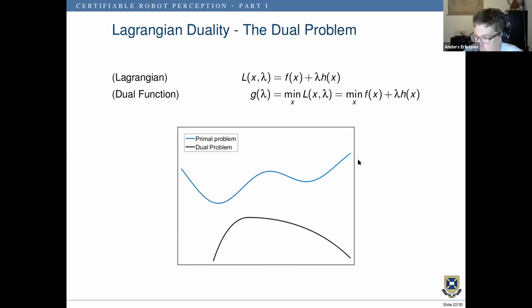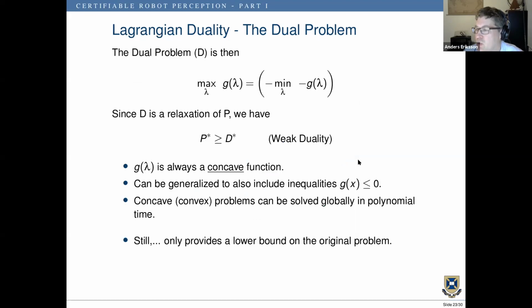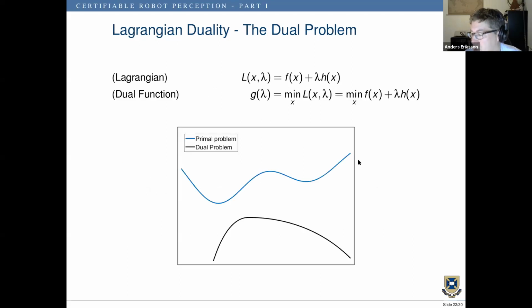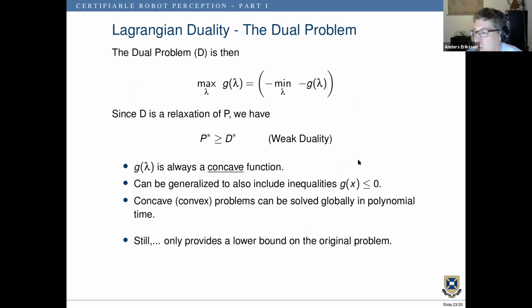And this is then what is called the dual problem: to maximize the dual function, to maximize g of lambda, to find the best underestimator of our original problem.